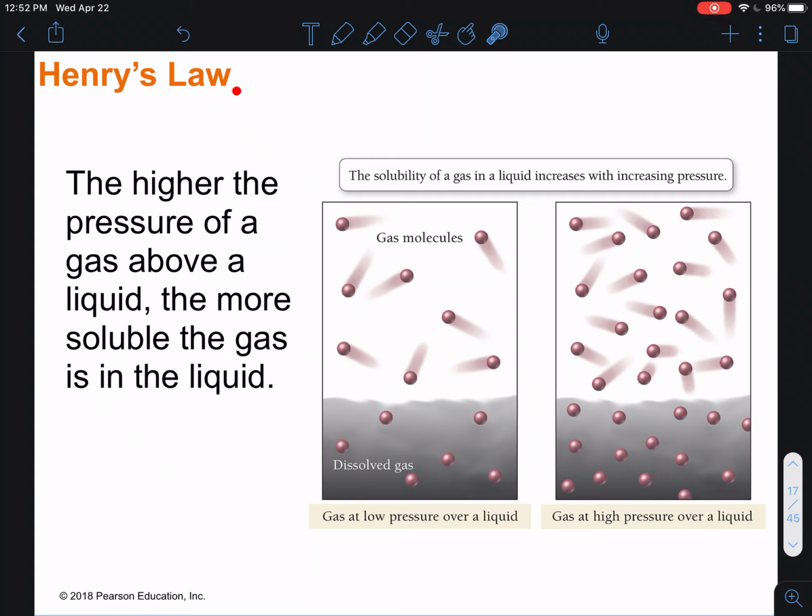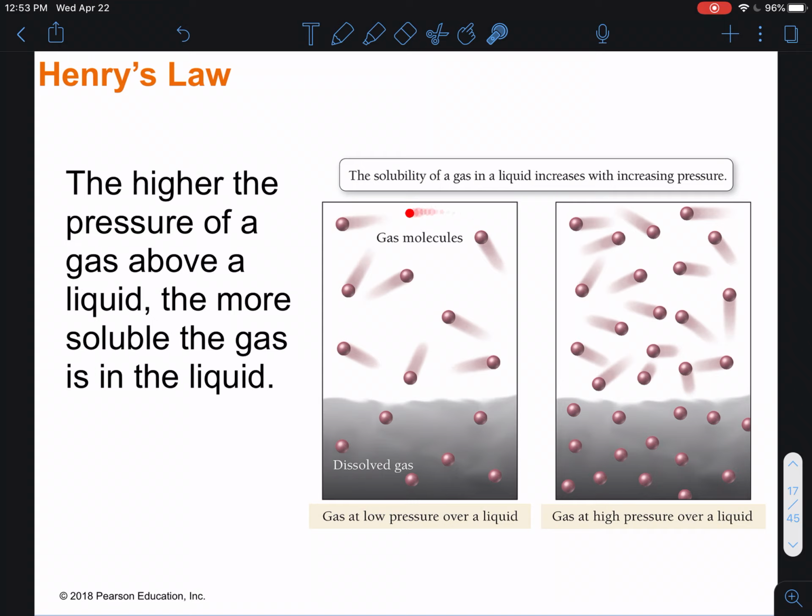I also need to introduce to you Henry's law. All right. Henry's law states that the higher the pressure of a gas above a liquid, the more soluble the gas is in the liquid. And that's pretty intuitive, right? If you think about pressure above a liquid pushing down on the surface of the liquid, I like to think of it as keeping the gas molecules in the liquid.